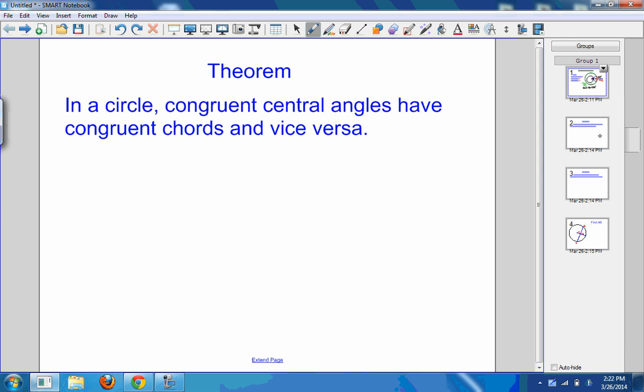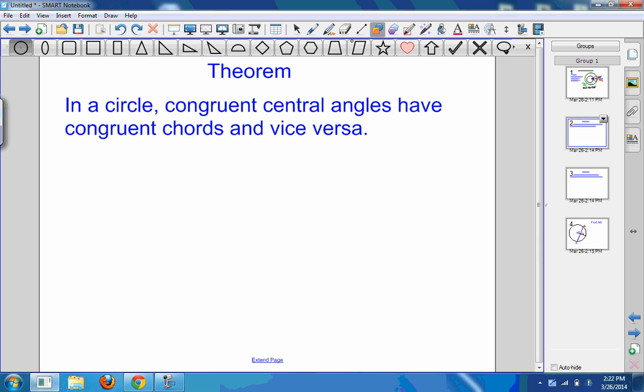Here we have a theorem that we're going to have to put to use with some numbers and variables later. It says in a circle, congruent central angles have congruent chords and vice versa. So let's try and make an image of this.